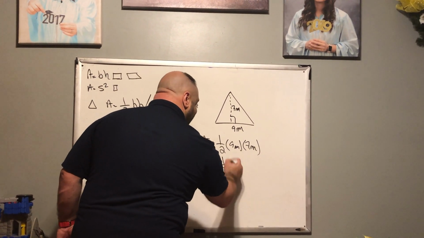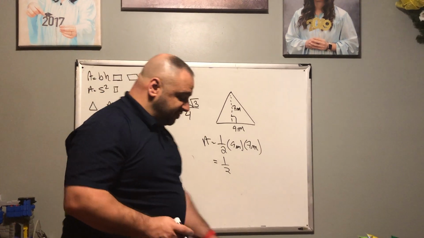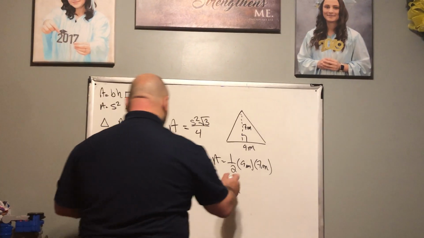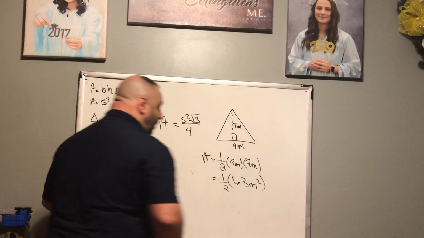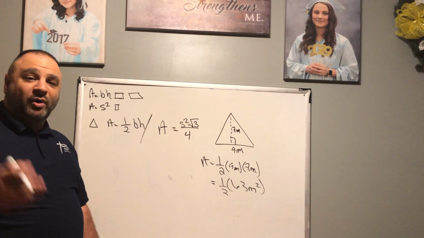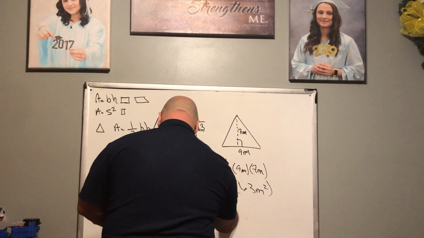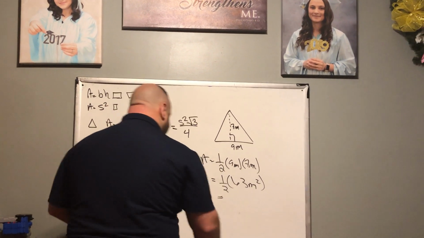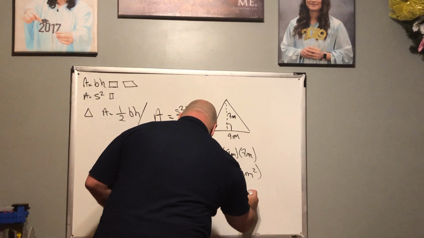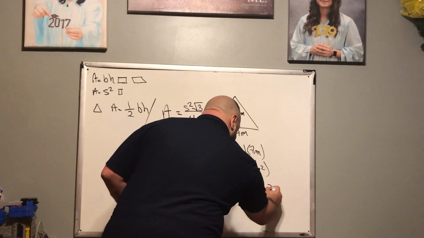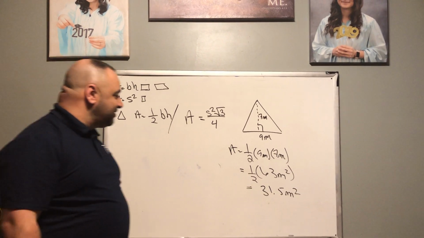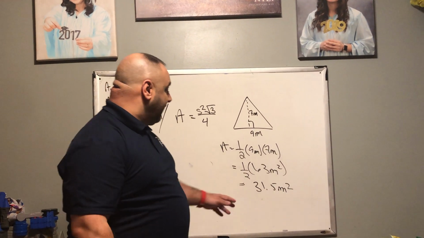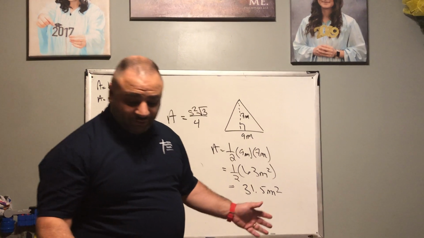So 1/2 times, okay, 9 times 7 would be 63 meters squared, and then simply 0.5 times 63, very good. We should have 31.5 meters squared. Again, make sure you have your units there. Make sure you round off to 2 decimal places.